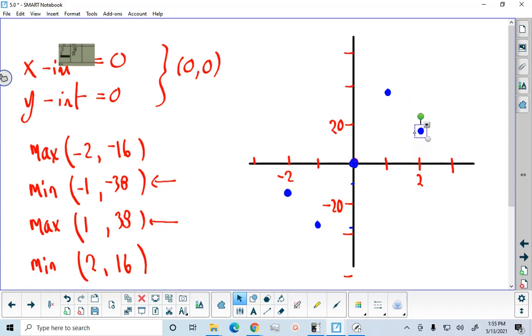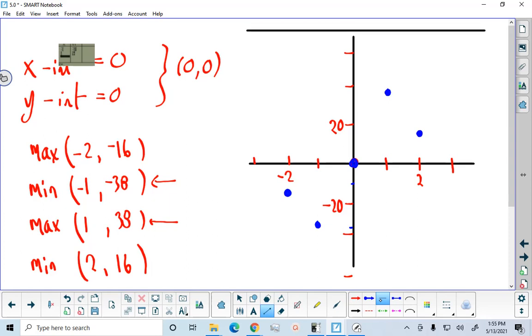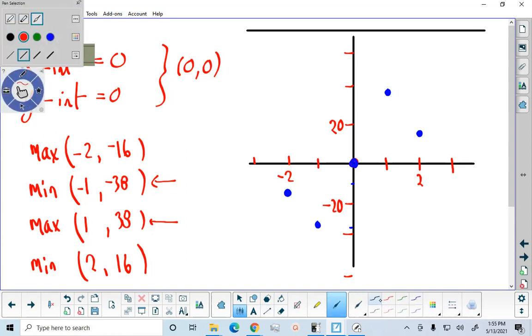Which should be about here. Now we're going to do something else, which you could probably sketch the graph right now without doing this, but across the top of my diagram, I am going to put in a line. And I'm going to mark off on that line critical values of x.